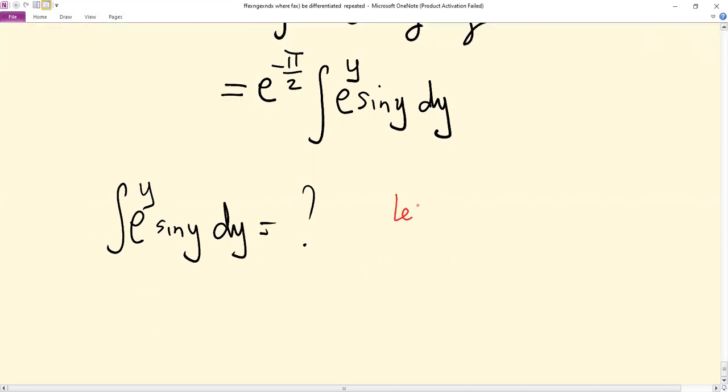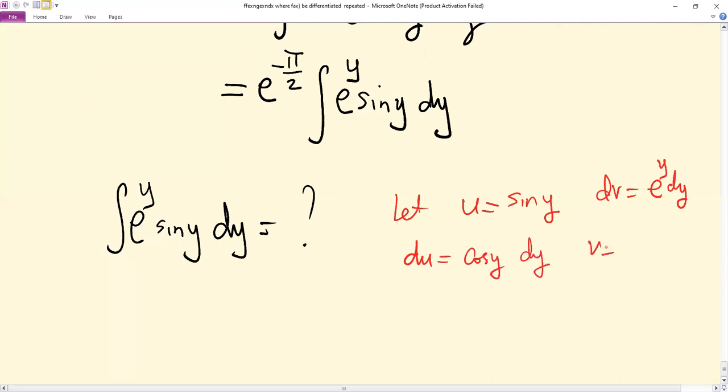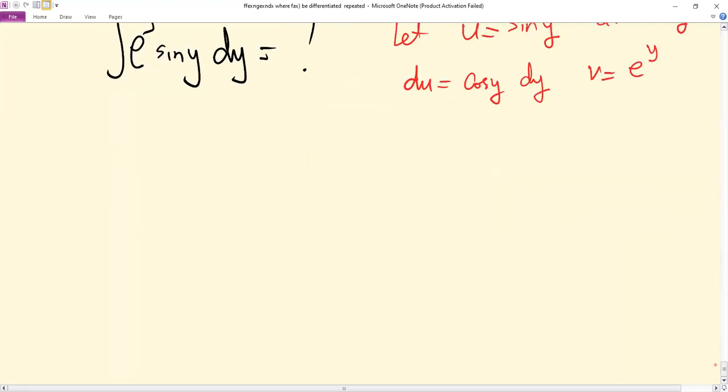So let u be given by sine y, and let dv be given by e raised power y dy. Or we can even let u be e raised power y and dv be sine y dy. We still get the same answer. So du will be cosine of y dy, and v, when you integrate this one, you get e raised power y.